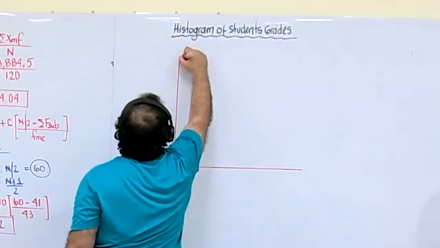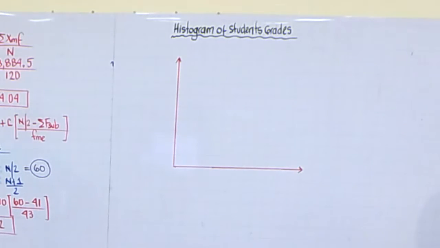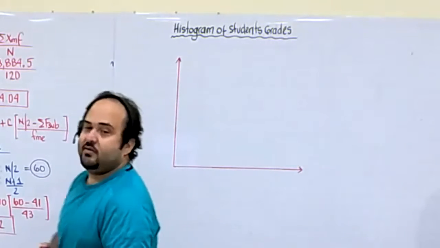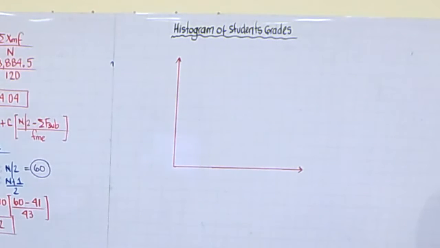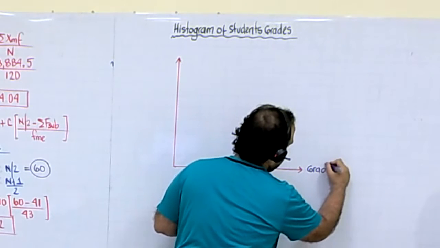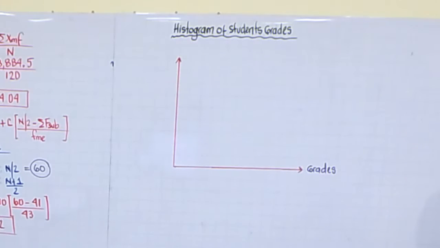Okay, this is y. Let's label this coordinate plane. Actually, this is only the first one. Why? Because we don't need to use any data, because in statistics, it doesn't exist. Instead of saying x-axis, we're going to say the quantity of grades, I mean the class interval.